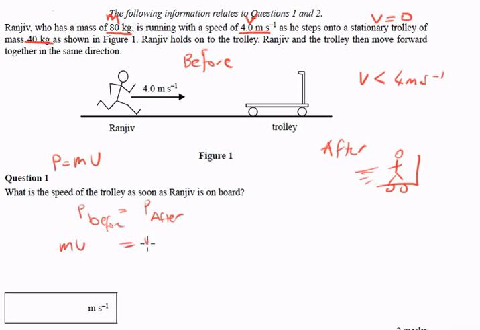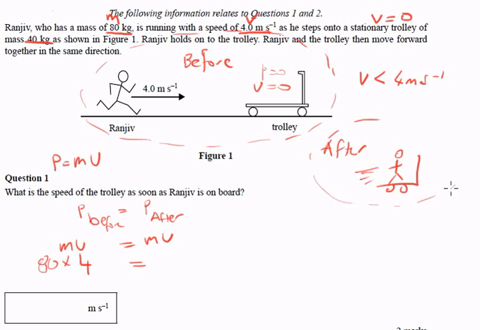So mv equals mv. There's only one thing moving at the moment, so the momentum before, for the whole situation, remember the trolley has a velocity equals 0, so its momentum equals 0. Just had to work out Ranjev's momentum for the before. So that's, he's 80 kgs, says it up here, times his velocity of 4, and that equals the momentum afterwards, where this new thing has a mass of, what's its mass?